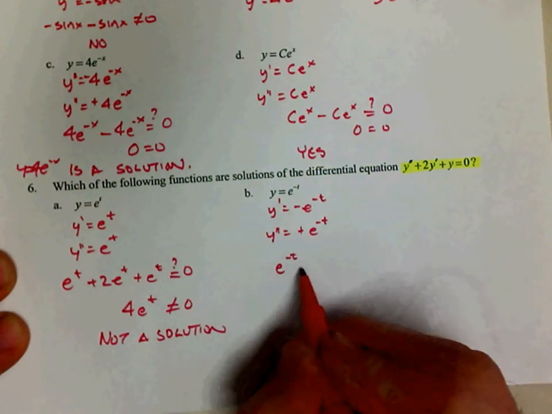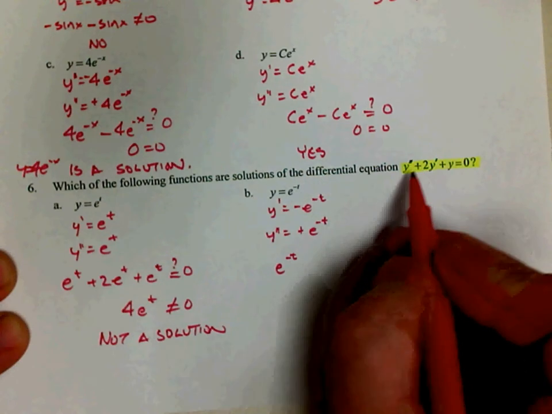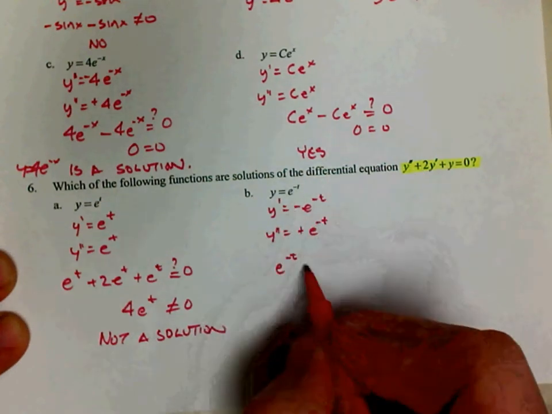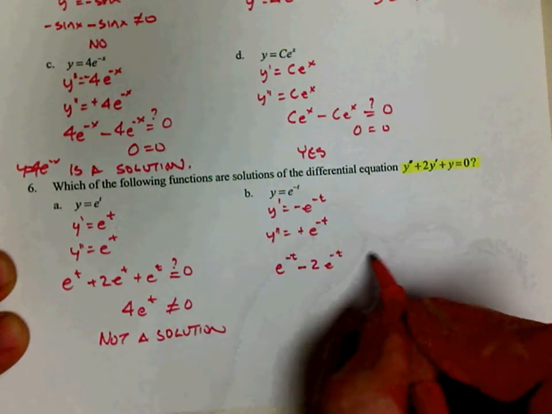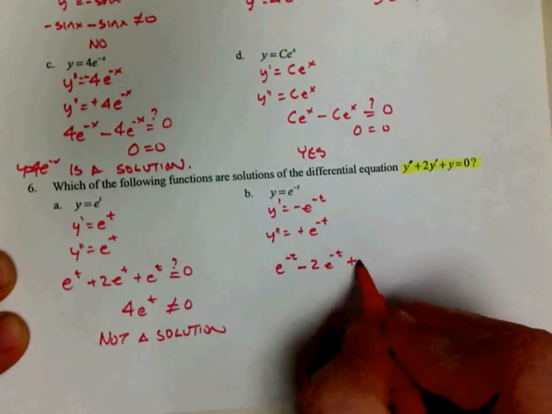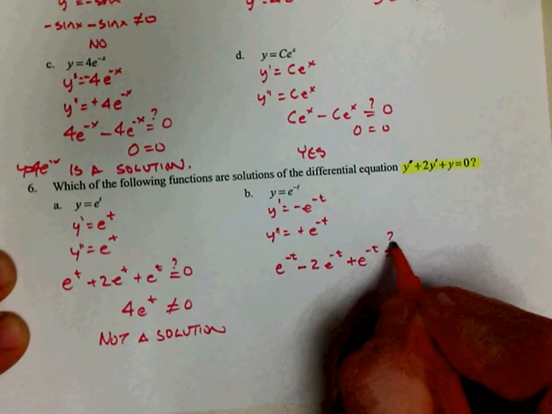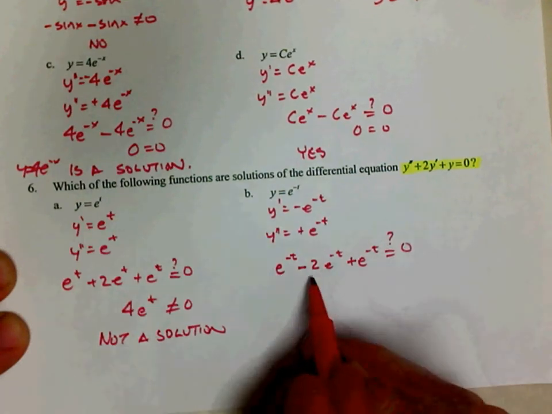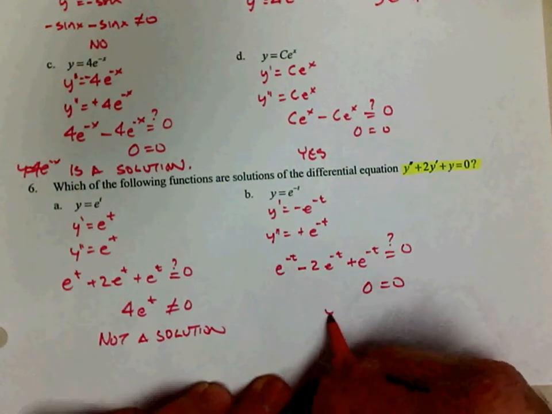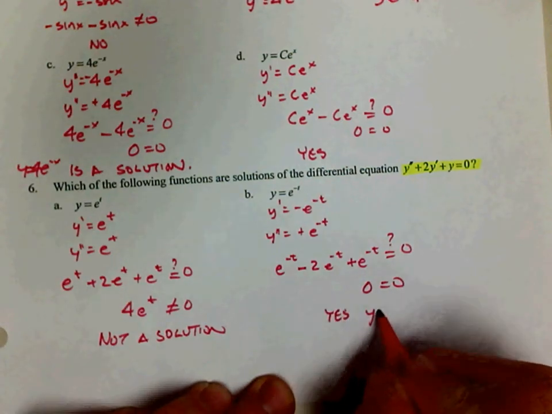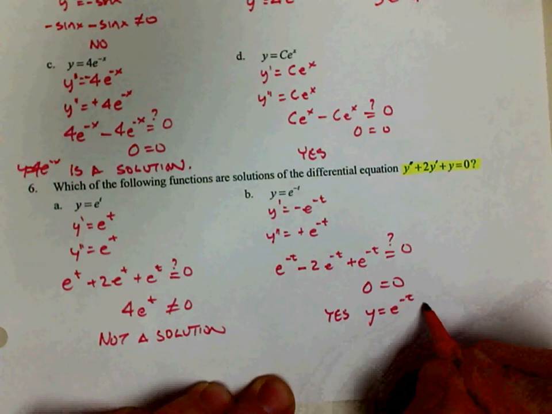And then we're going to add 2 times our first derivative, which actually is going to give us the negative 2 e to the negative t. And then add y, which was e to the negative t. Does that equal 0? Yes, it does. So, yes, y equals e to the negative t is a solution.